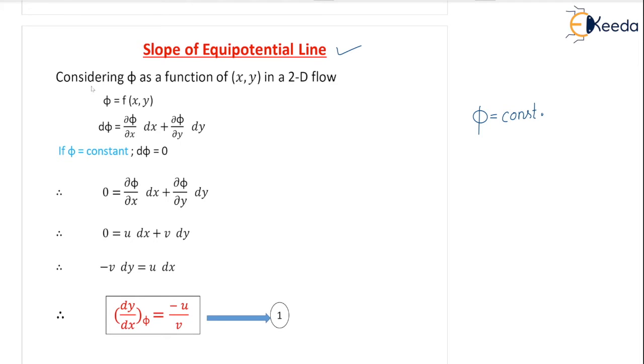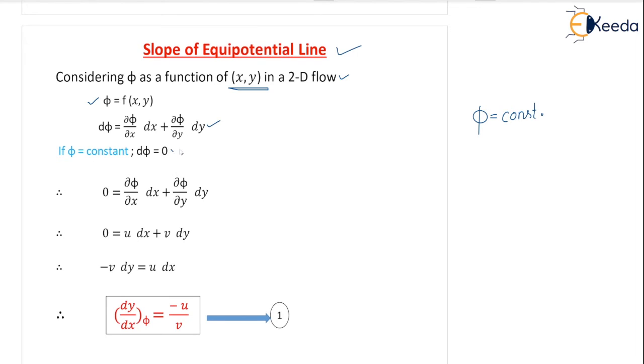Considering phi as a function of x and y in a two-dimensional flow, we can write the differential d phi equal to dou phi by dou x into dx plus dou phi by dou y into dy. So the change of phi with respect to x into dx, and then dou phi by dou y into dy. But we know that for an equipotential line phi is constant.